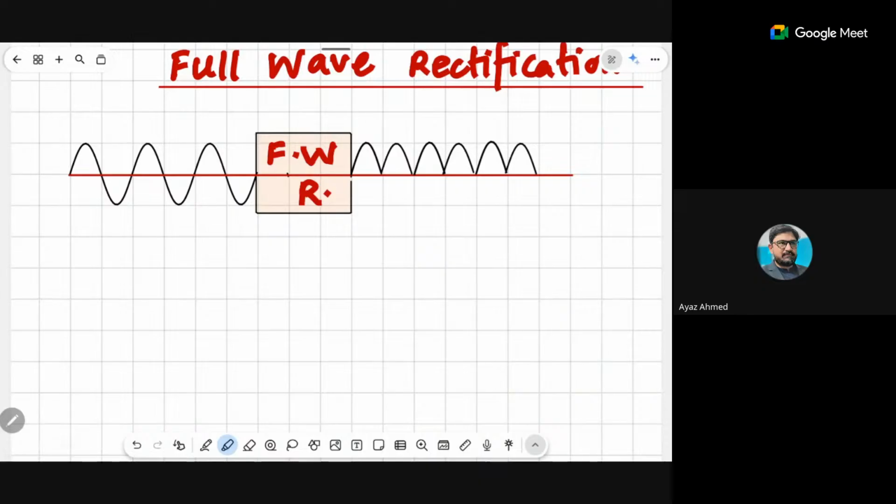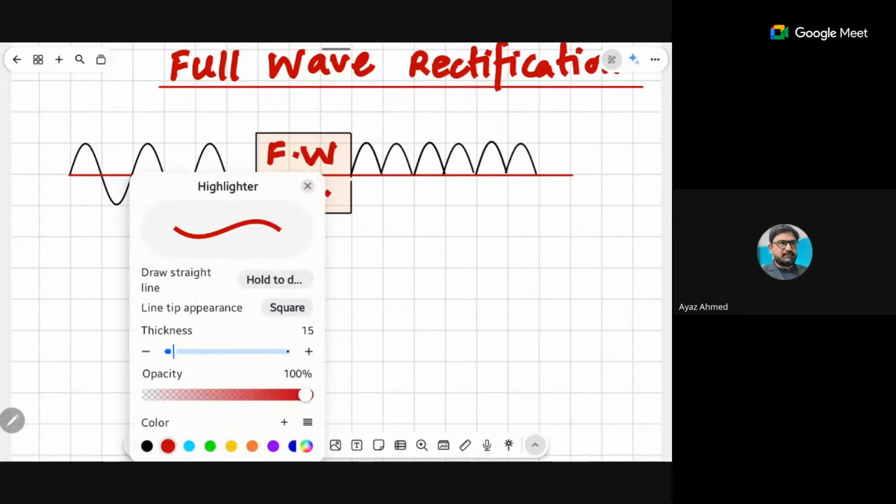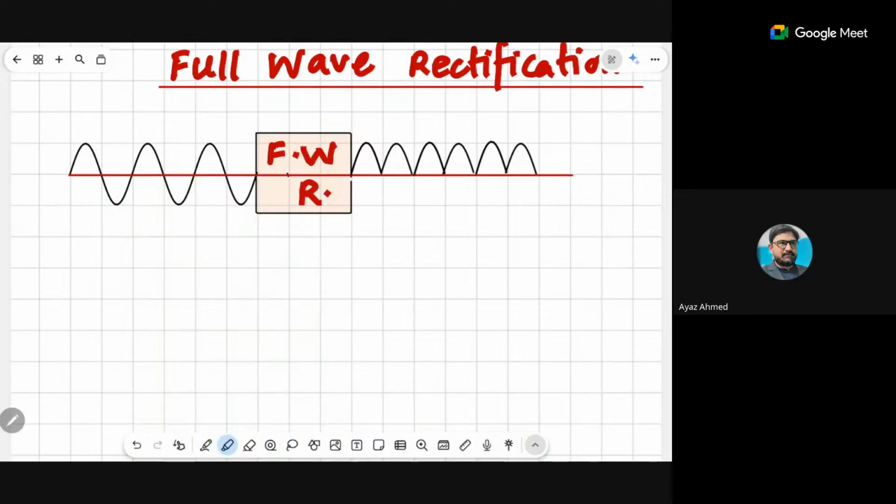So please be attentive and be with me. This is a topic which is frequently asked in alternating current. Now this is the positive half cycle, the next positive half cycle, the next positive half cycle, and this positive half cycle is obtained at the output. So did you notice that the ripple frequency is now doubled?